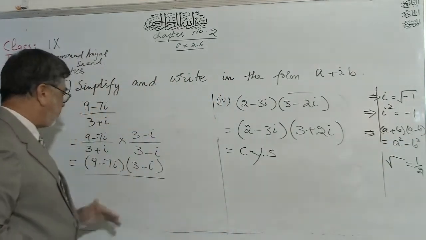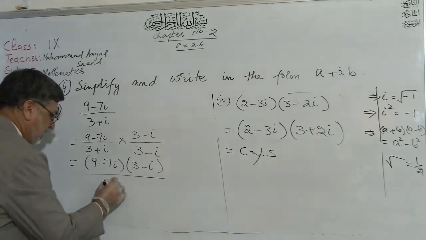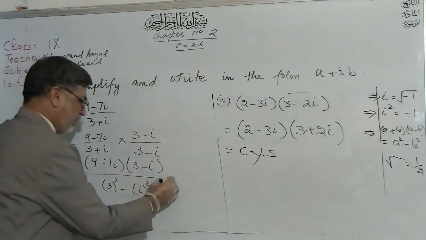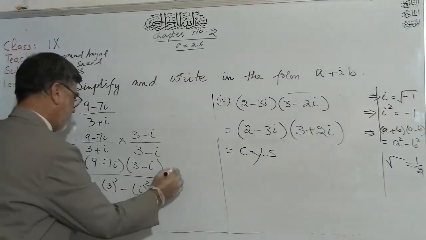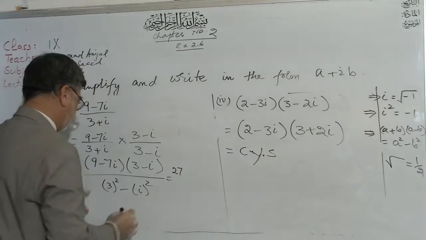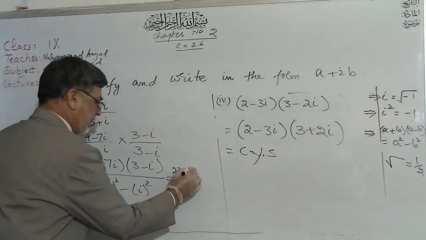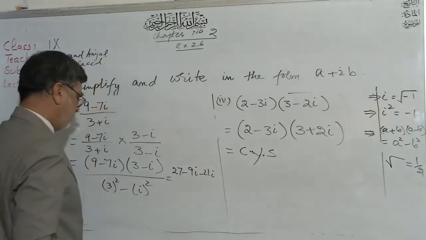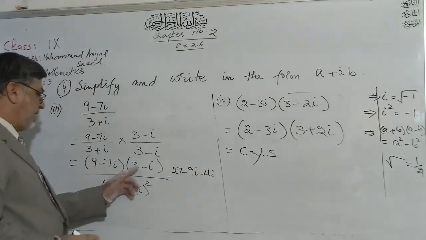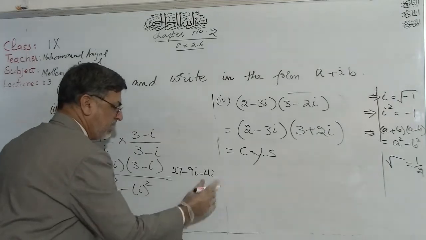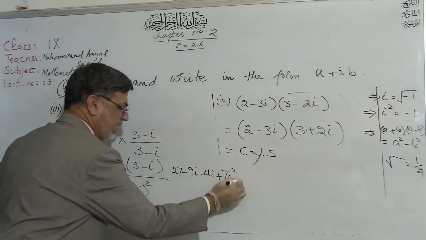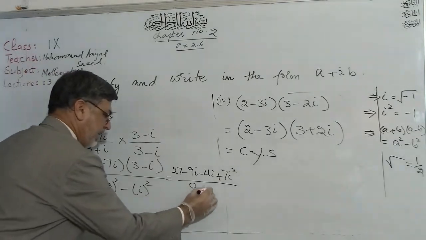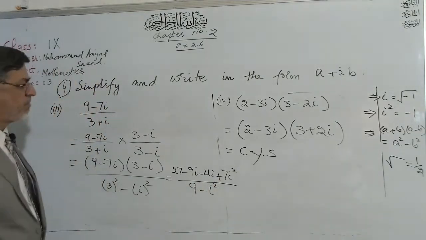So we will apply that formula. Here we will write down 27 minus 9 iota minus 21 iota and minus minus plus 7 iota square divided by 3 square is 9 minus iota square.